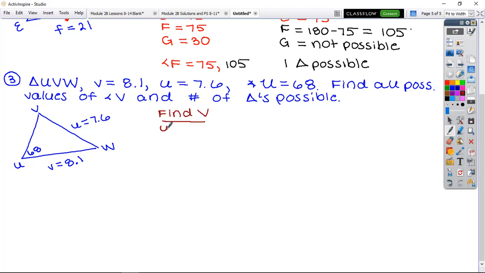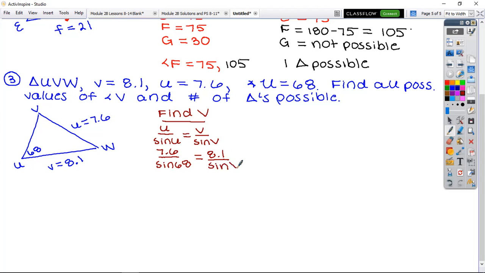So I go u over sine of u is equal to little v over sine of v, and you just plug in 7.6 over the sine of 68 is equal to 8.1 over the sine of v.